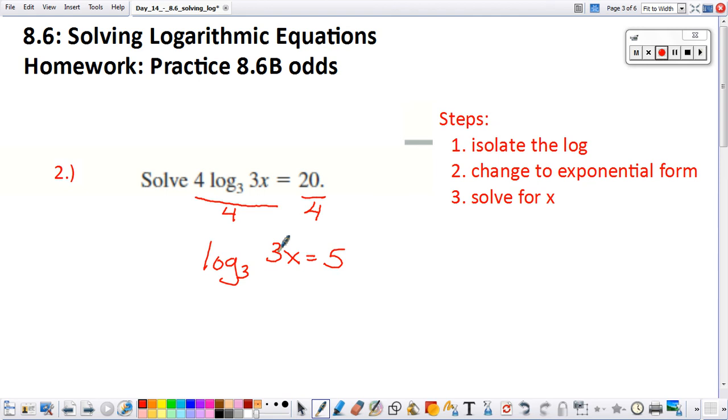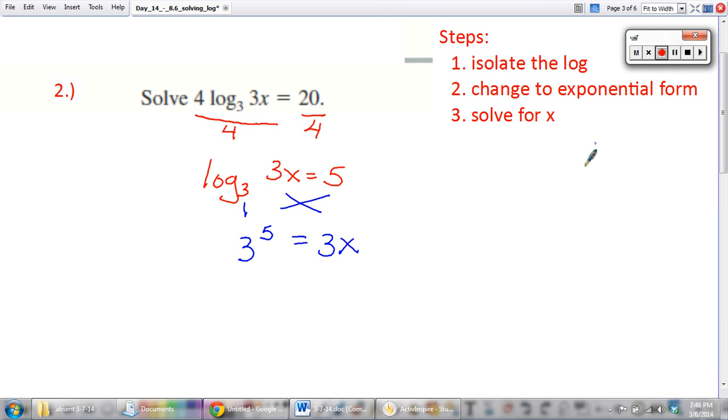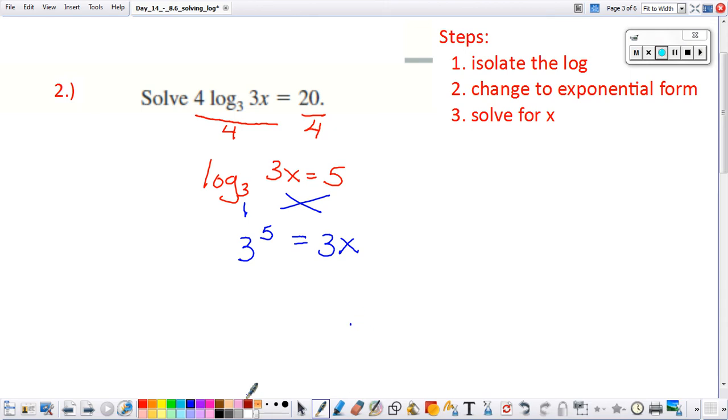Okay, so now my log term is isolated, so we're going to change it to exponential form. We get 3 to the 5th equals 3x. We're not going to actually multiply this out because I noticed the base is the same here. So what we're going to do is divide both sides by 3 to solve for the x.